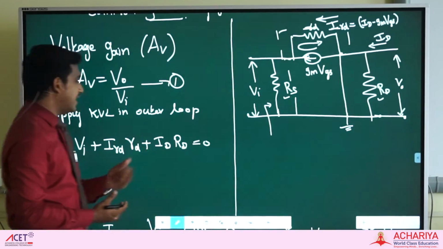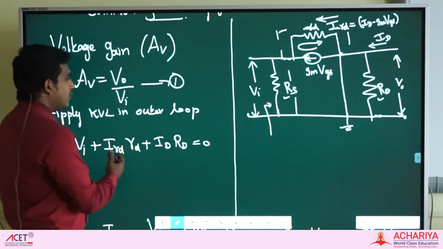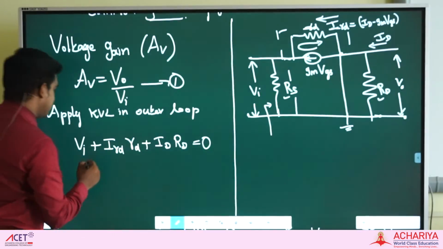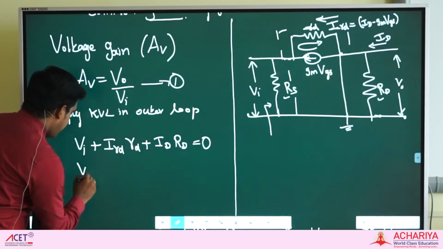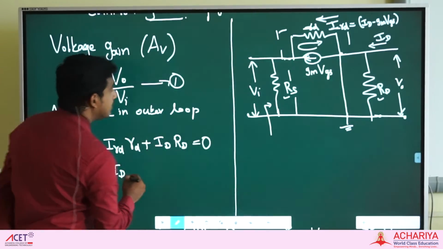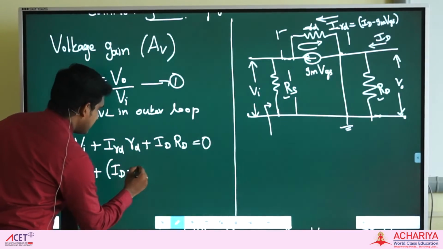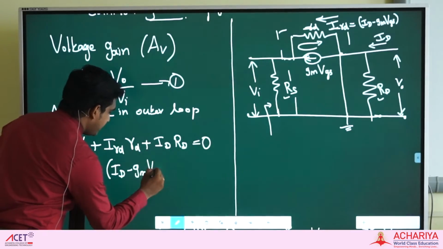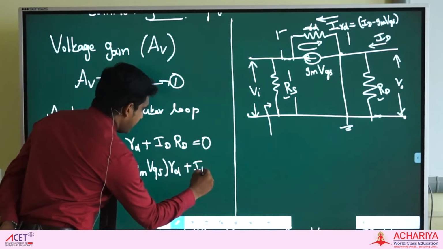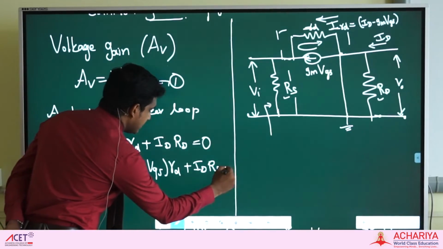That's why we are writing ID into RD. We know that I rd is equal to ID minus GM VGS. So we can substitute here: VI plus ID minus GM VGS into rd plus ID RD is equal to 0.